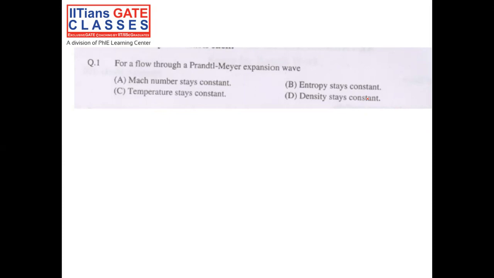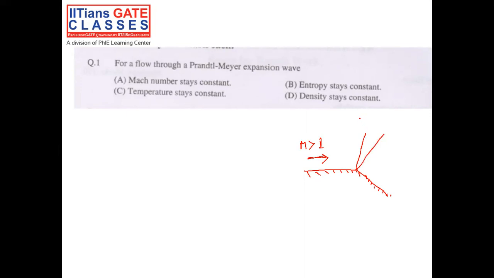So a Prandtl-Meyer expansion wave occurs when a supersonic flow turns away from itself. So suppose there is a corner like this, and a supersonic flow encounters a corner like this, then at the corner the expansion waves form. So these are the expansion waves.